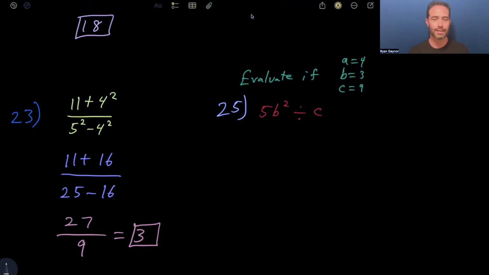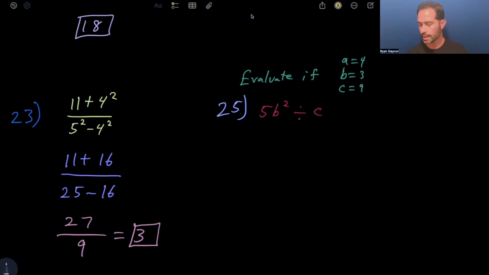So here we go. It says 5 times B squared divided by C. So first I'm going to substitute in the variables B and C. I'm going to substitute in the numbers that they are equal to. And this is a pro tip here, because you're going to be doing substituting throughout your math career. I highly recommend you always substitute exactly what it says inside a parenthesis.